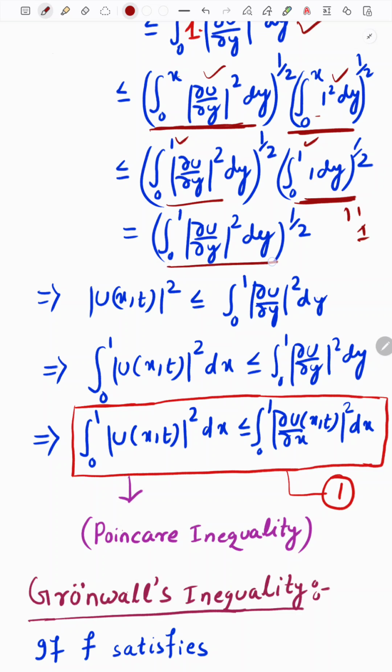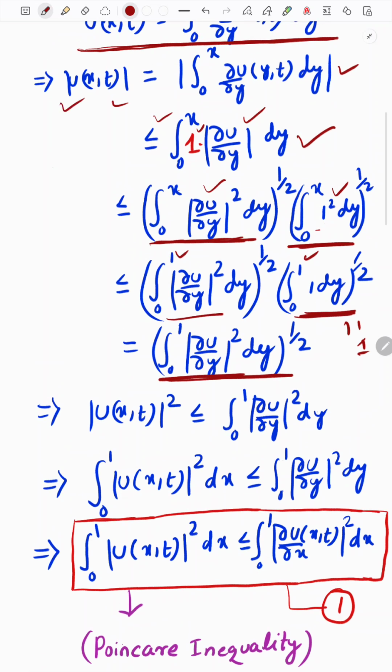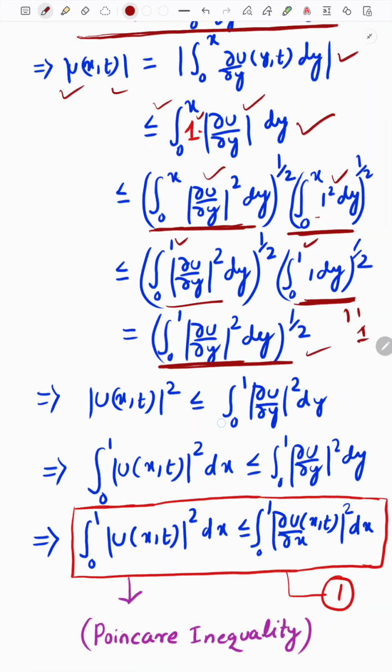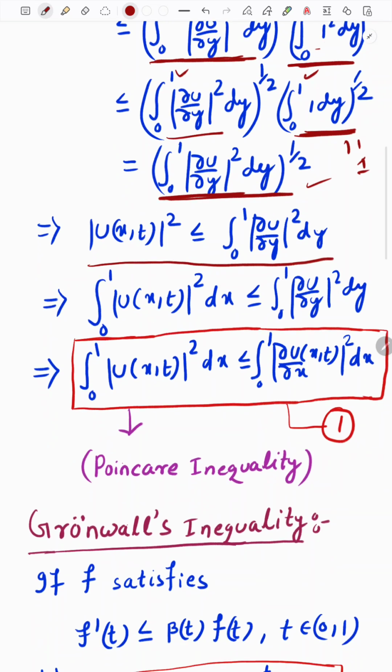This value is the same. Okay, so then I get that |u(x,t)| is bounded by this one. Then I will square both sides, so I will reach this point. Then I will take the integration with respect to x, and the right hand side is independent of x.